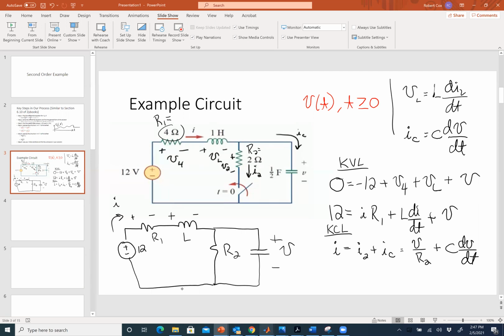Now, what do I need to do to get to one differential equation? You could take that V over R2 plus C dV dt and plug that in for your I values in the KVL equation. Yeah. So my I is this, and I'm going to plug that into my KVL equation.